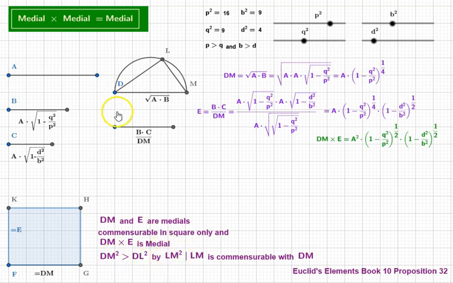So we have to show that LM is commensurable with DM, because this is already clearly established. Because DM square is equal to DL square plus LM square by Pythagoras theorem, which can be written in this form. So now let's figure out what is LM.